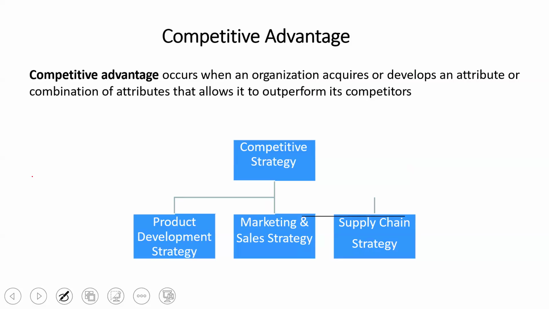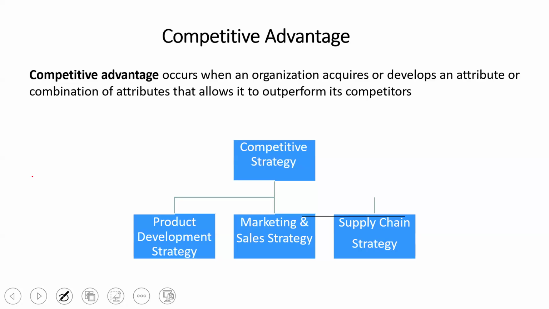Competitive advantage occurs when an organization acquires or develops an attribute or combinations of attributes that allow it to outperform its competitors.